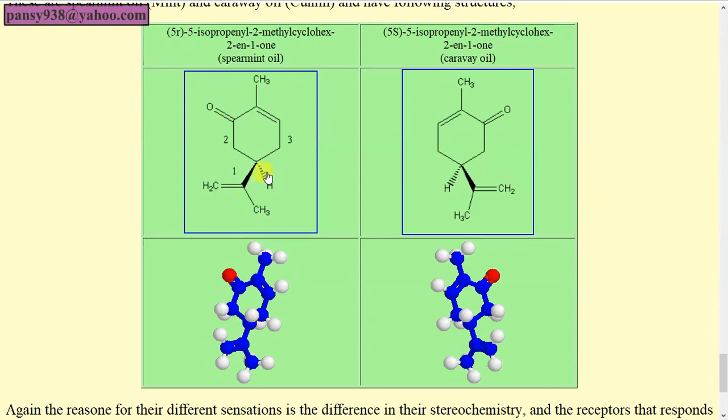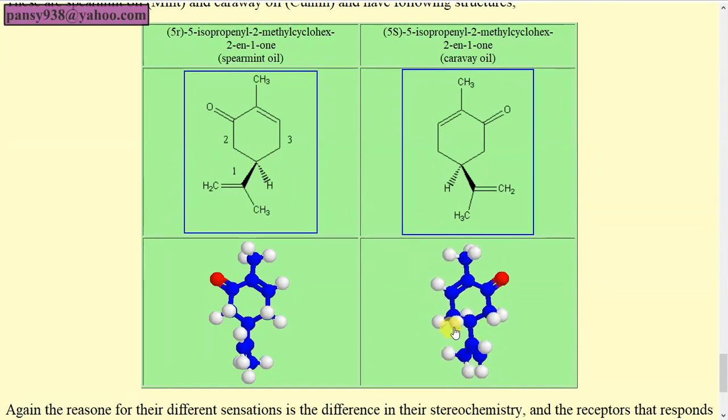You see that the hydrogen is on the back side at the chiral center. I rotate it to bring the hydrogen to the back side of the molecule. And in this one, the hydrogen is at the back side. You see that both are mirror images of each other.